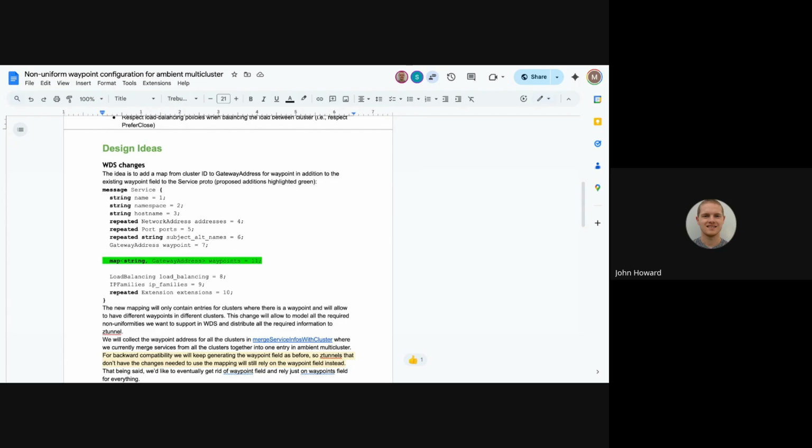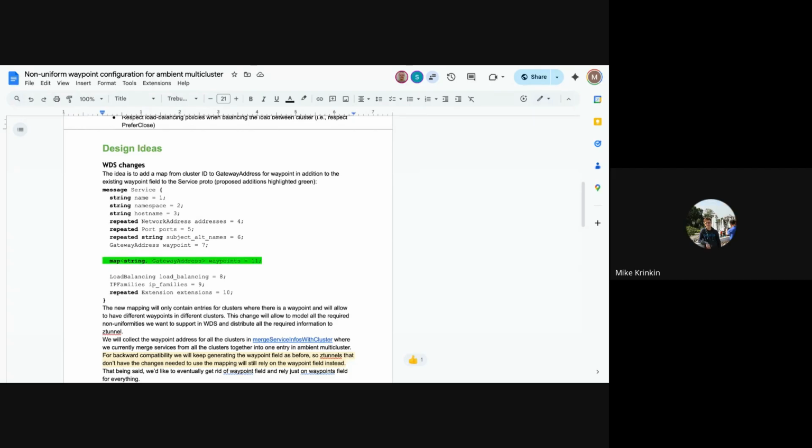How does the behavior change? We always use the one that has a waypoint. If we support non-uniform, or are you asking if nowadays the configuration is non-uniform? No, I mean, what if we do this proposal? What would the behavior be?